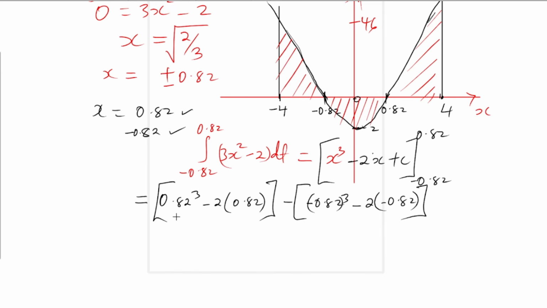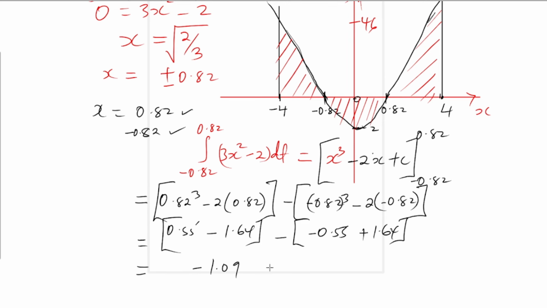When you work out these, you get 0.55 subtract 1.64, then this will give negative 0.55 plus 1.64. Once we subtract 0.55 minus 1.64, this will give negative 1.09.